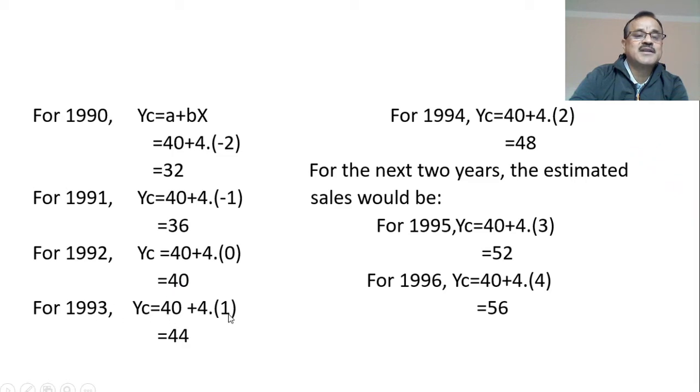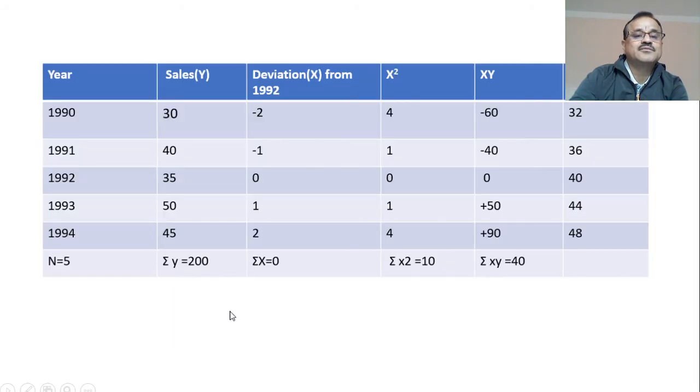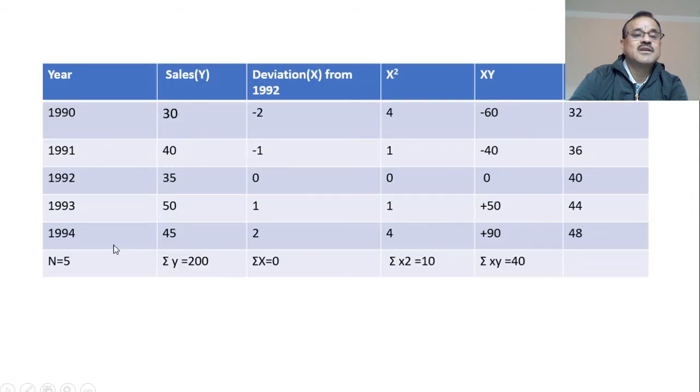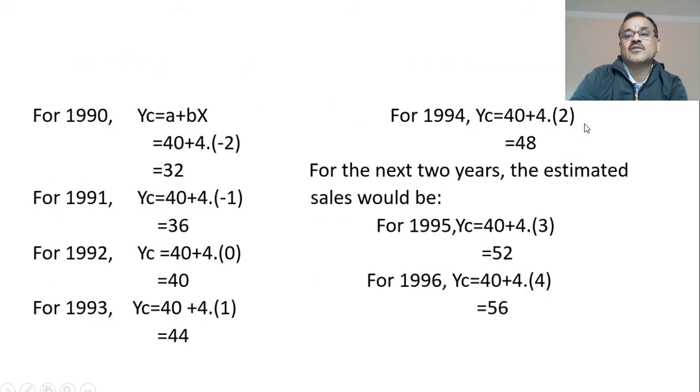In 1993, the value of x is 1. So 40 plus 4 into 1 is 44. In 1994, the value of x is 2. 40 plus 4 into 2, 4 into 2 is 8, 40 plus 8 is 48.